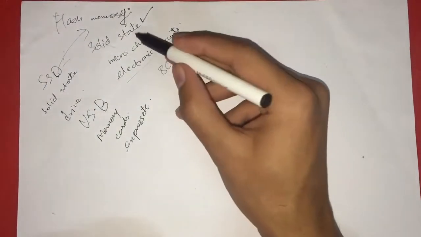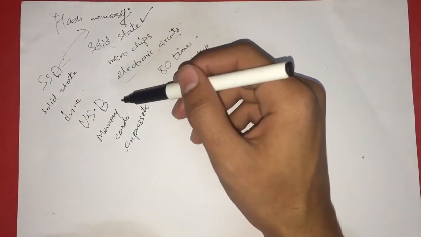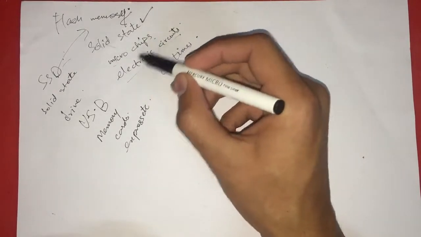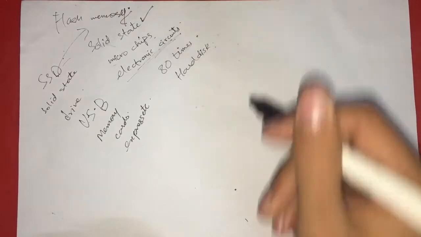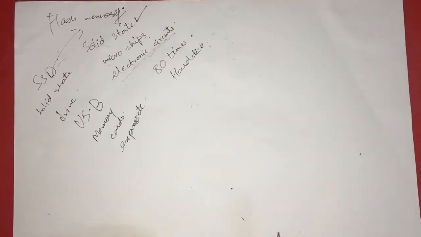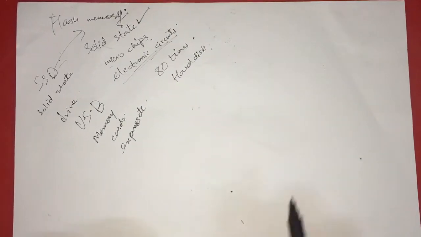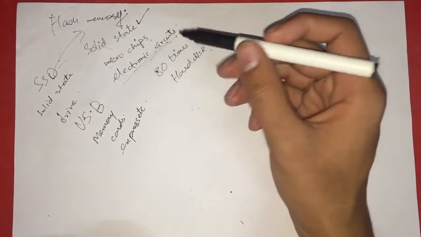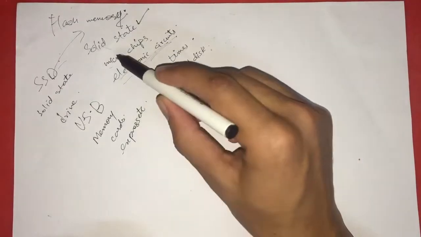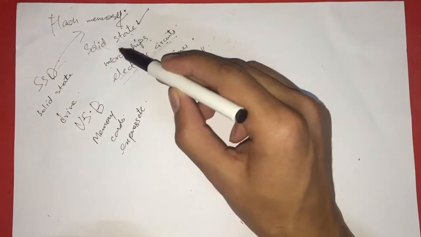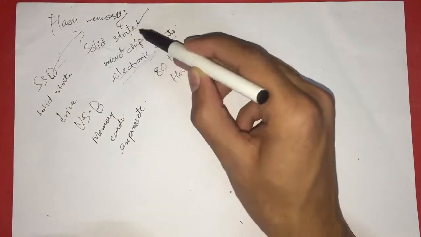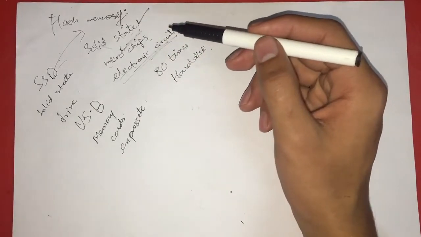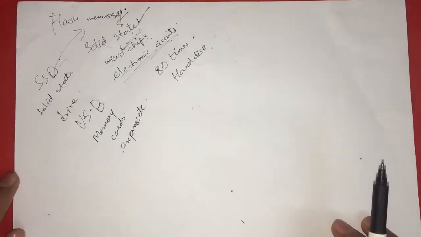But in a flash memory solid state drive, all of the information is stored in the microchips, and it can provide you with the information in an instant, because it is not that big, and it does not even have to look for the information. The data is already stored on it.